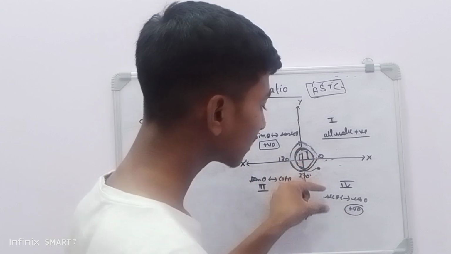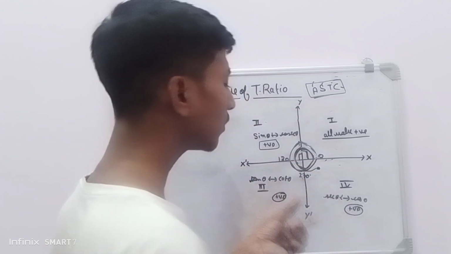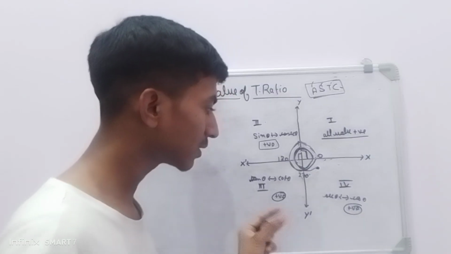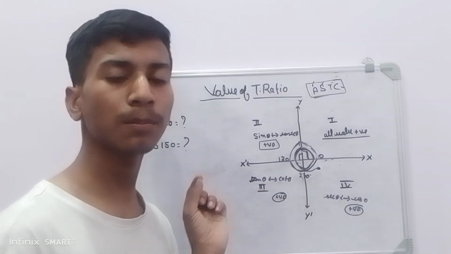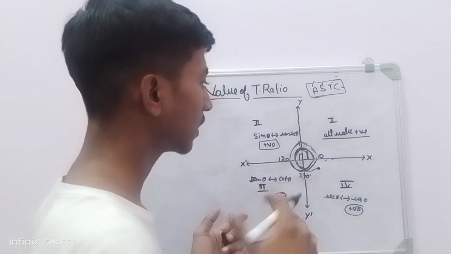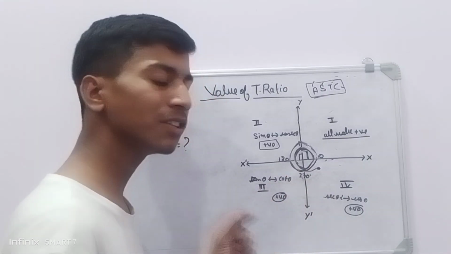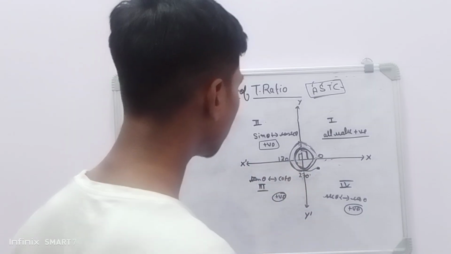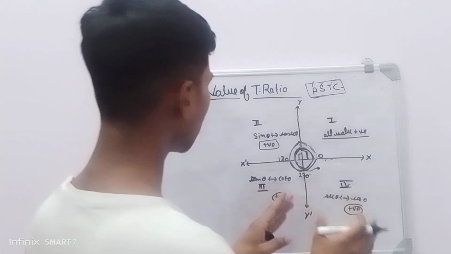In this quadrant sec remains positive. So whatever the value of sec 300 degrees, it will come positive. I think you may now understand the concept of where values come positive or negative.